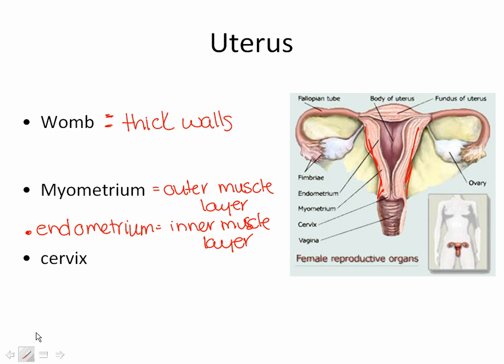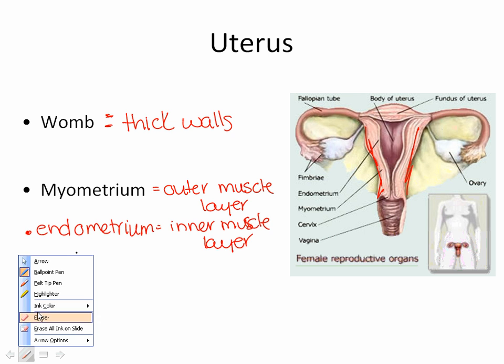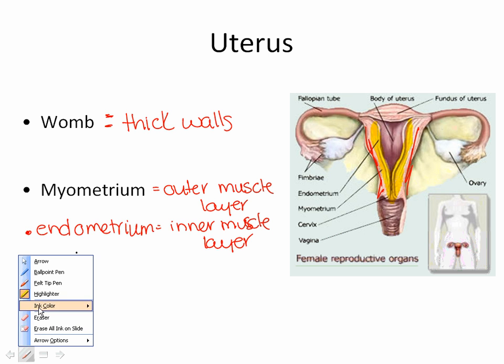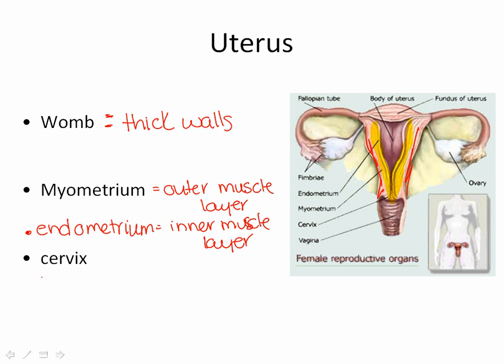So you can see here, this is the inner muscle layer. If you can see that yellow, hopefully you can. Maybe you can't. It's the inner muscle layer of the uterus. Okay, and then we have the cervix. The cervix is just going to be the opening from the uterus to the vagina.